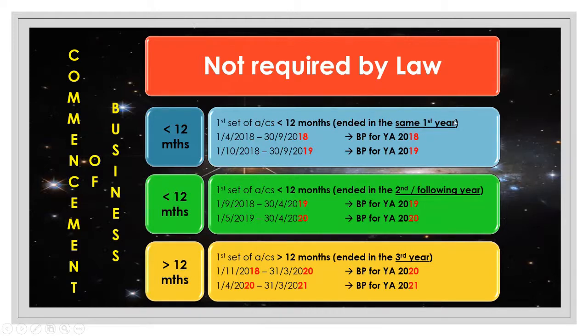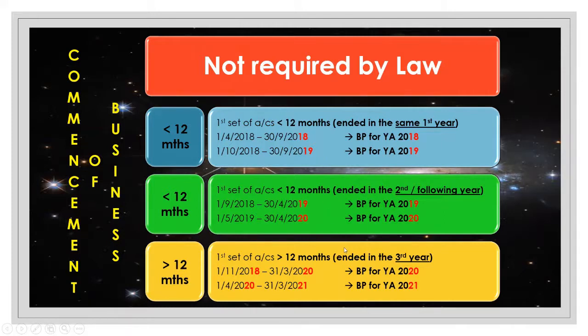Okay, this actually refers back to where your first set of account might end in the same year where you commence your business, in 2018, and you close your first set of account in 2018. And in the second scenario, you commence your business in 2018 but you first close your account in 2019, which is in the second year or in the following year. Okay, so in these two circumstances, you might have your first set of account which is less than 12 months.